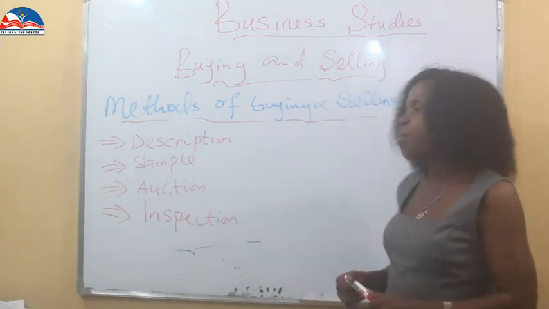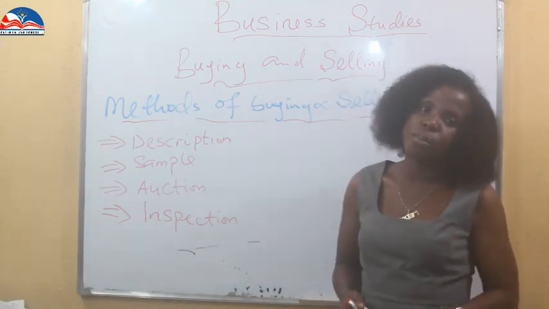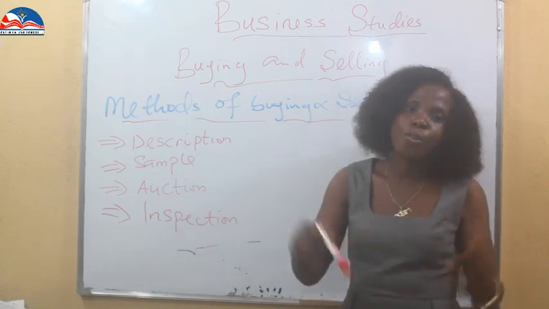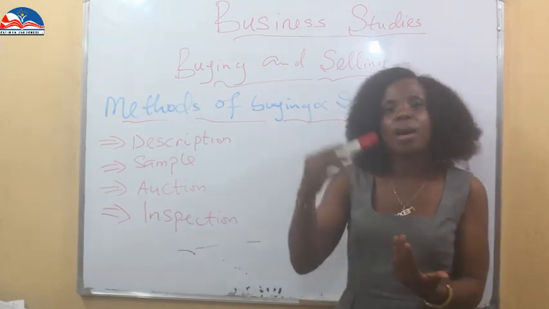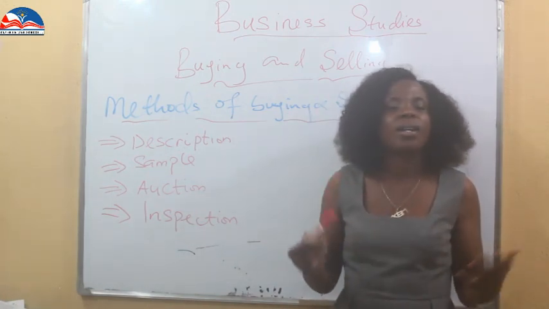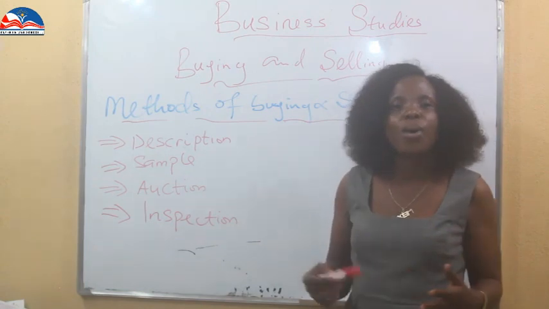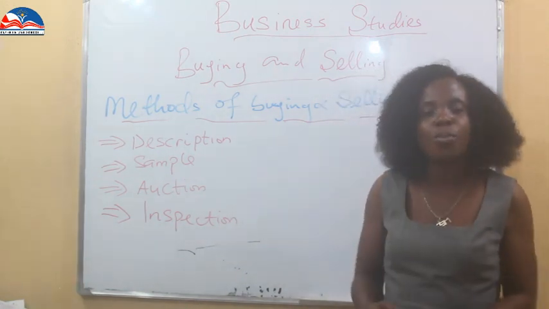Auction is a process whereby bidders come to the market or come for the product to bid. Price tags are put on these products, and at intervals the price tags are changed. And then people are asked to bid for this product. Tell us how much you were able to buy this product.